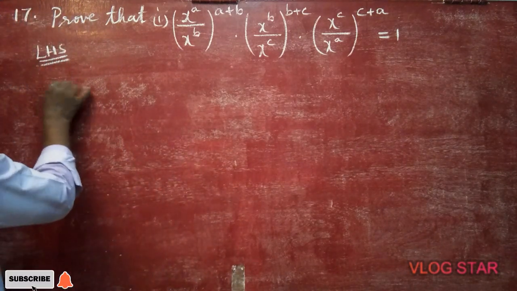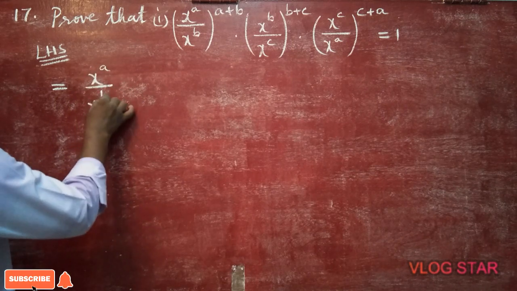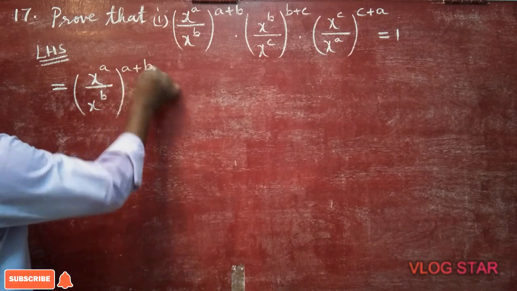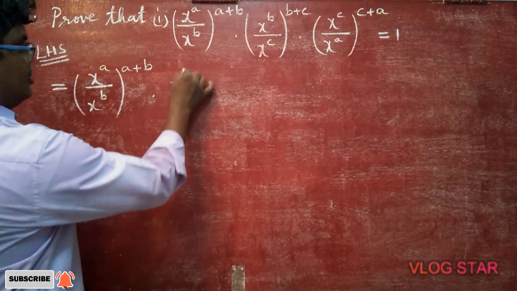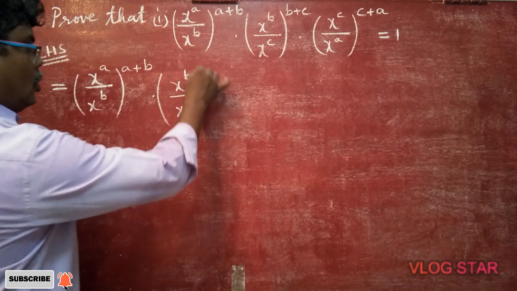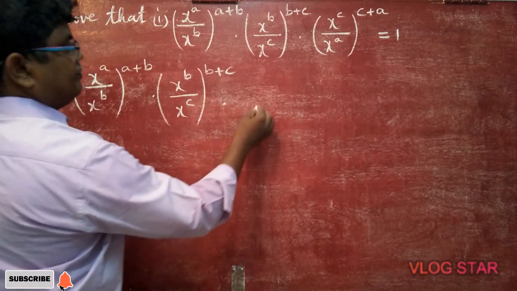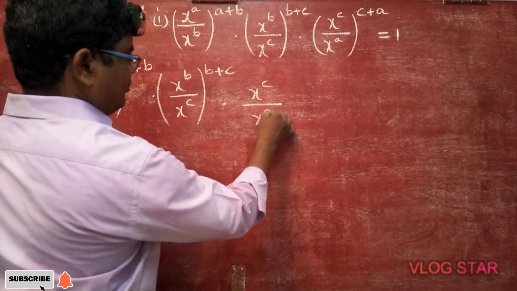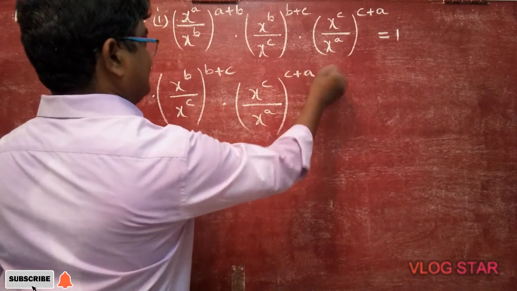What is the LHS? x to the power of a by x to the power of b, whole to the power of a plus b, into x to the power of b by x to the power of c, whole to the power of b plus c, into x to the power of c by x to the power of a, whole to the power of c plus a.